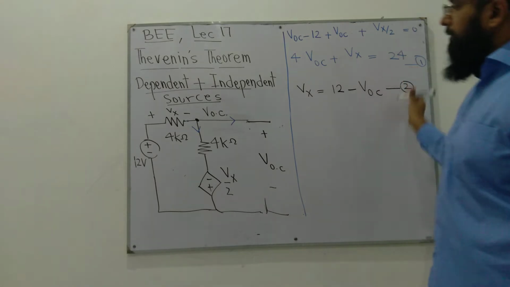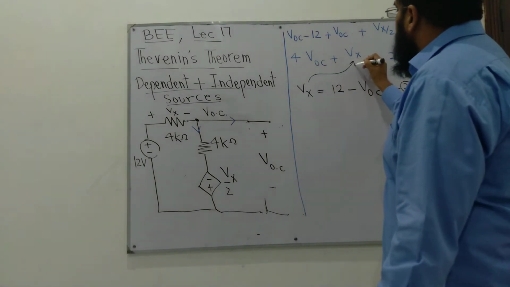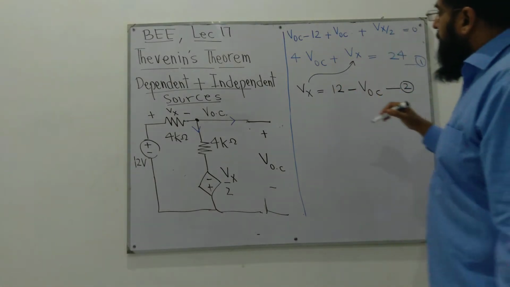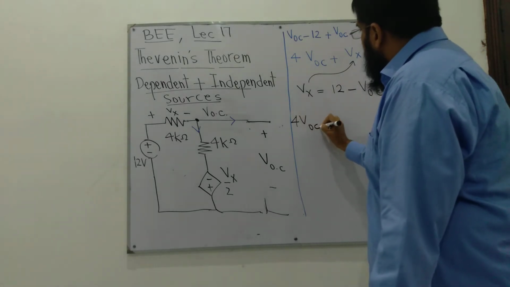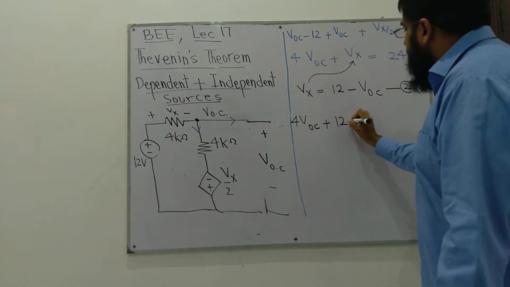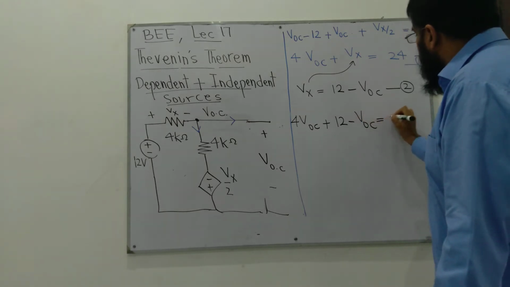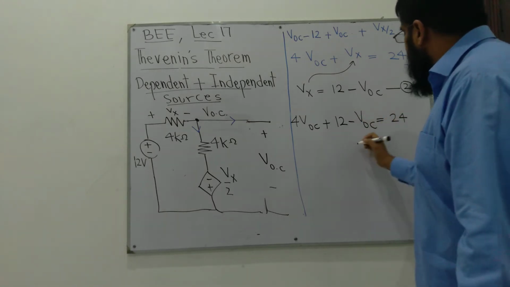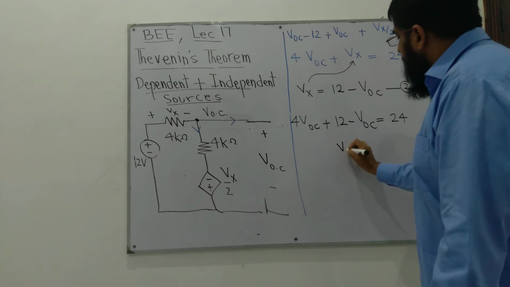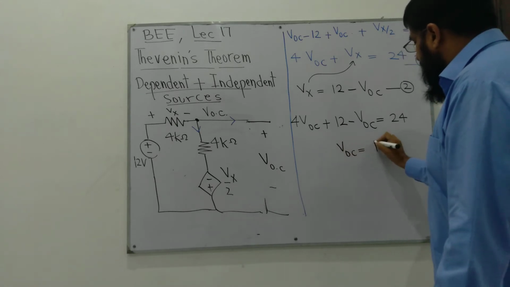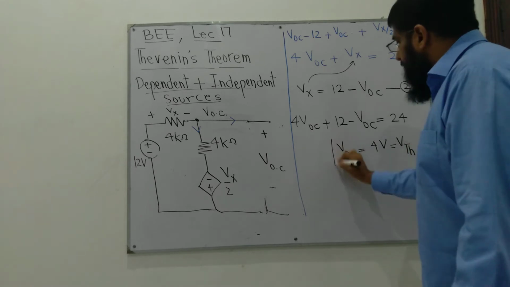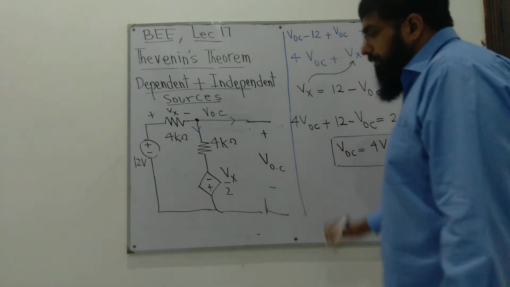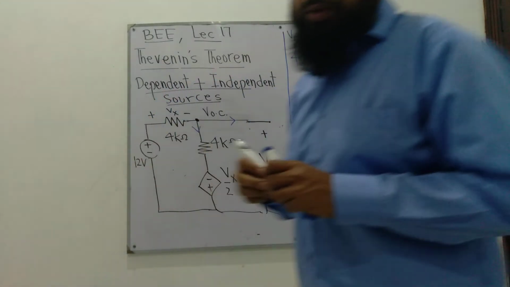Now we have two equations and two variables. We can plug the value of Vx here and find VOC. Three VOC is equal to 12, or VOC is equal to 4 volts. Since VOC is also the Thevenin voltage, that is one of our required quantities.